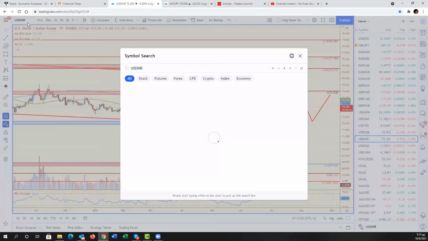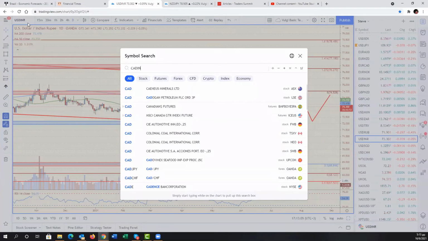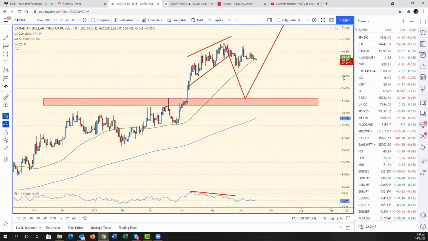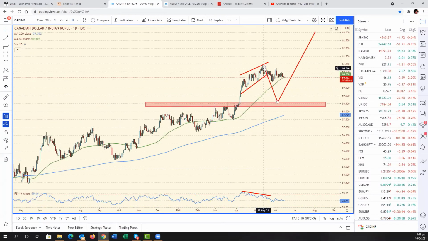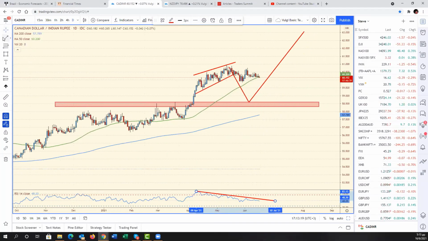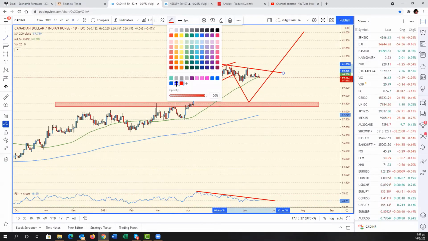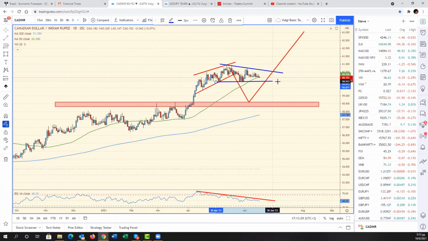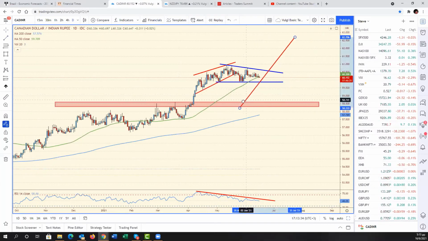Now, having to do with CAD INR, last time we had a look at it, I expected a failure from there. We did have a failure, but the price action and how it evolved following that failure is not bearish at all, which should make us reconsider that perhaps we're not going to see lower prices.